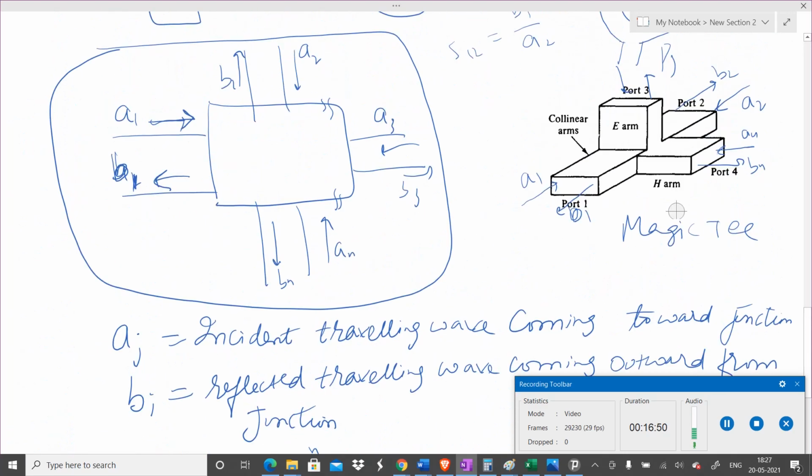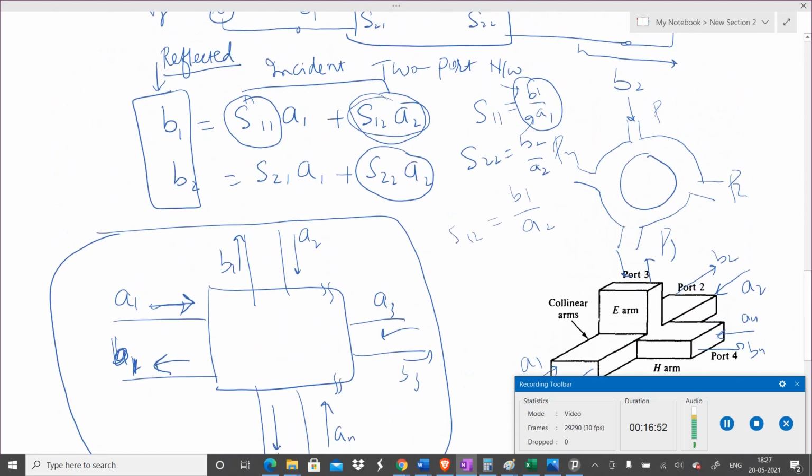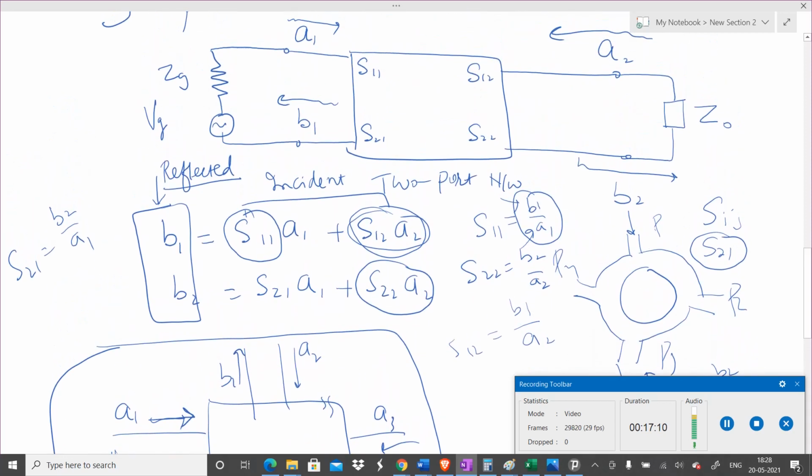Whenever you have doubt, go to 2-port. Now let me take S21. What is S21? S21 is B2 by A1. B2 is here and A1 is here. So S21 is related to the transmission capability.